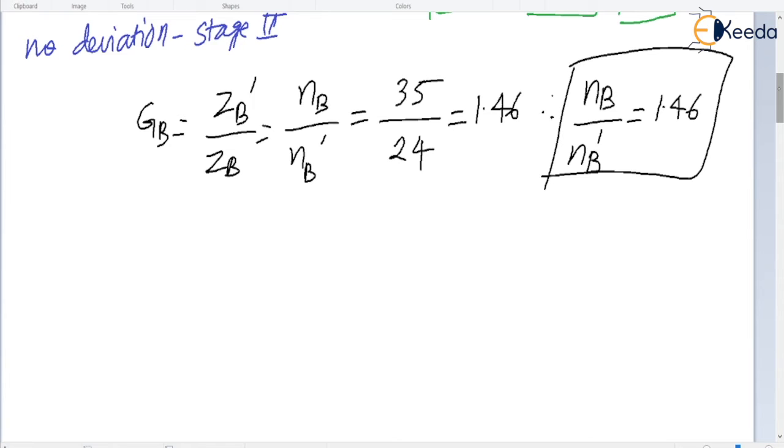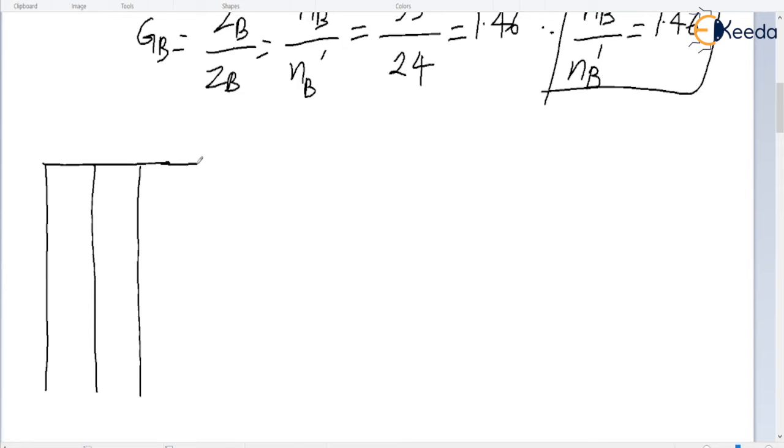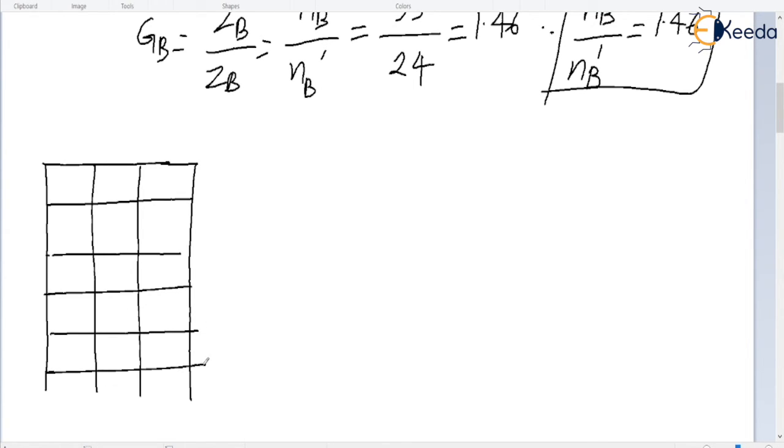For that we are going to make one table, and before that we need a speed chart. So I'll quickly draw a speed chart over here. We have already drawn a speed chart, it has 4 shafts and 7 speeds: 1, 2, 3, 4, 5, 6, and the last one is 7.